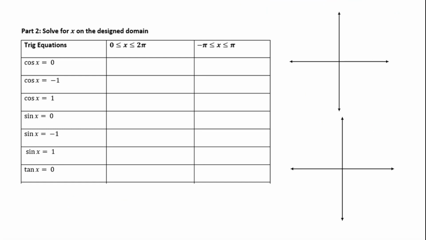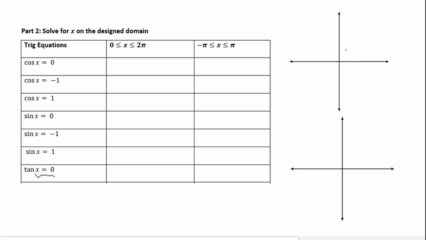Part 2 is about quadrantal angles. So in different domains, what's the solution for quadrantal angles? When sine or cosine is 0, 1, or negative 1, think about quadrantal angles. When tangent is equal to 0, think about quadrantal angles.